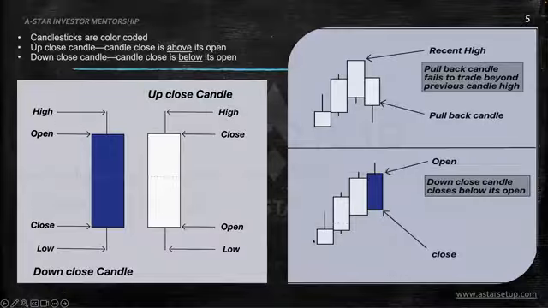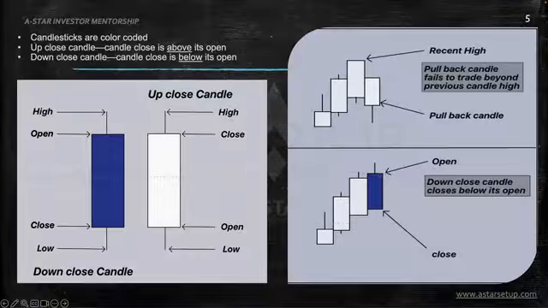And I want to reinforce this down close candle theory. I told you candlestick charts are always color coded. So if you look to the bottom of that chart, now where we have a blue candle, after three up close candles, we now have a blue down close candle. Do you see that even though price was going up, it was trending upwards, and then we had a down close candle, that down close candle still traded beyond the previous candle's high?